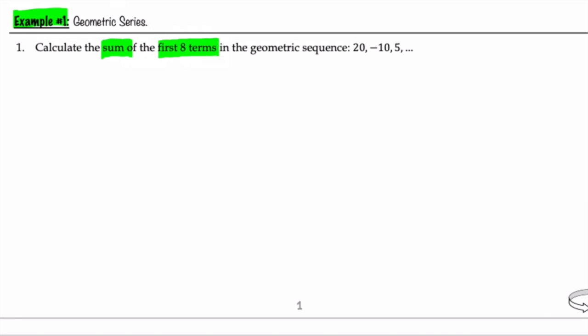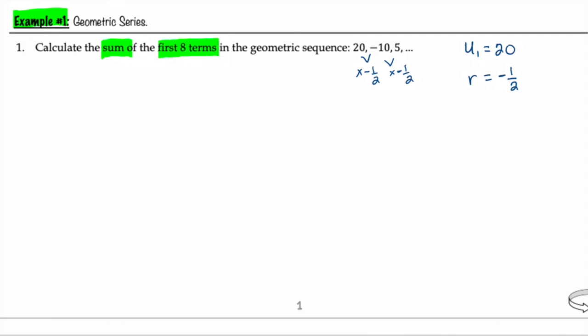So the first thing that we are going to do is find the common ratio and the first term. Identify those two. So we can clearly see that the first term is 20 and the common ratio is multiplied by negative 1/2. Knowing that, we are asked to find the sum of the first 8 terms.